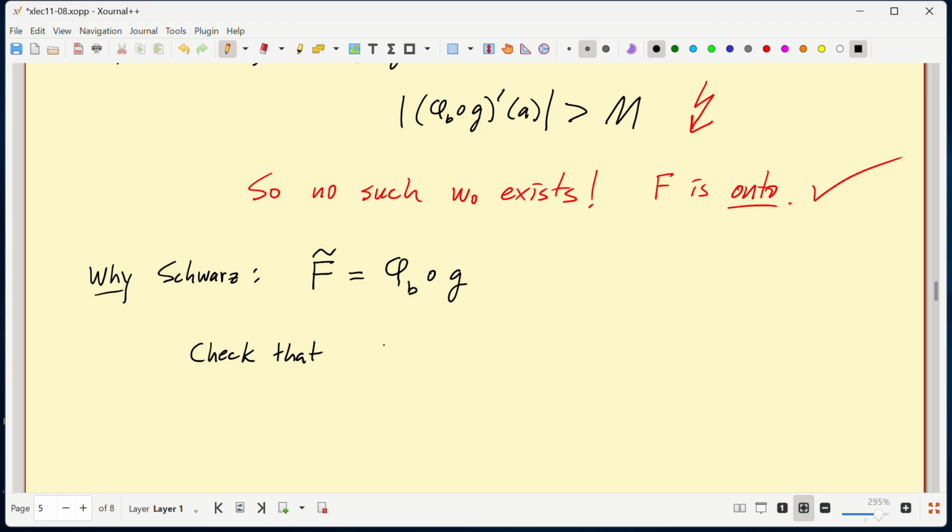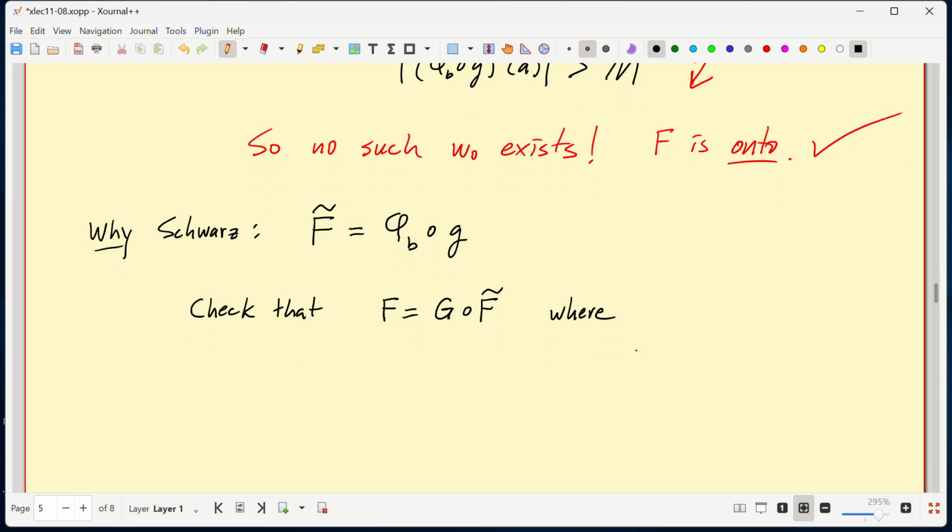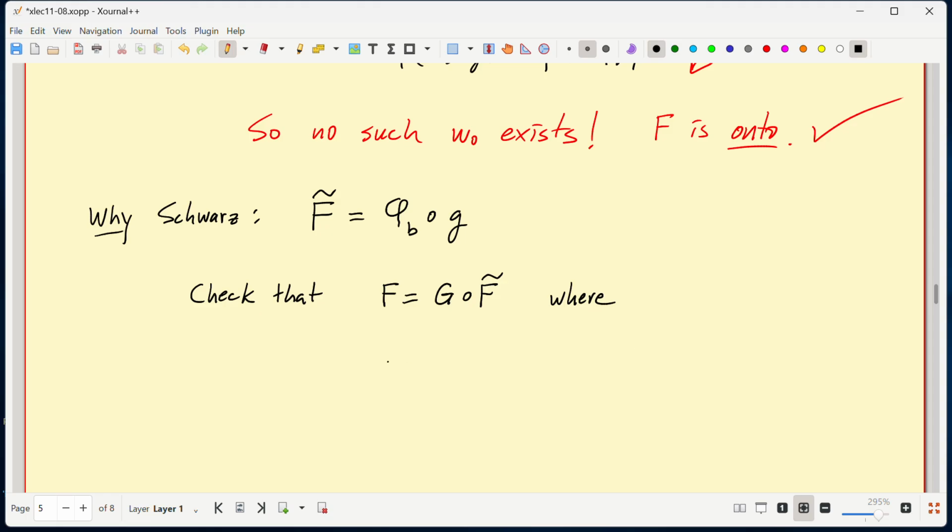F. When you go back and look at all the definitions, our original F is equal to a capital G composed with F twiddle, where my G, when you unwind it all, is equal to phi sub W naught inverse composed with the square function composed with phi sub B inverse, where S of Z is Z squared.